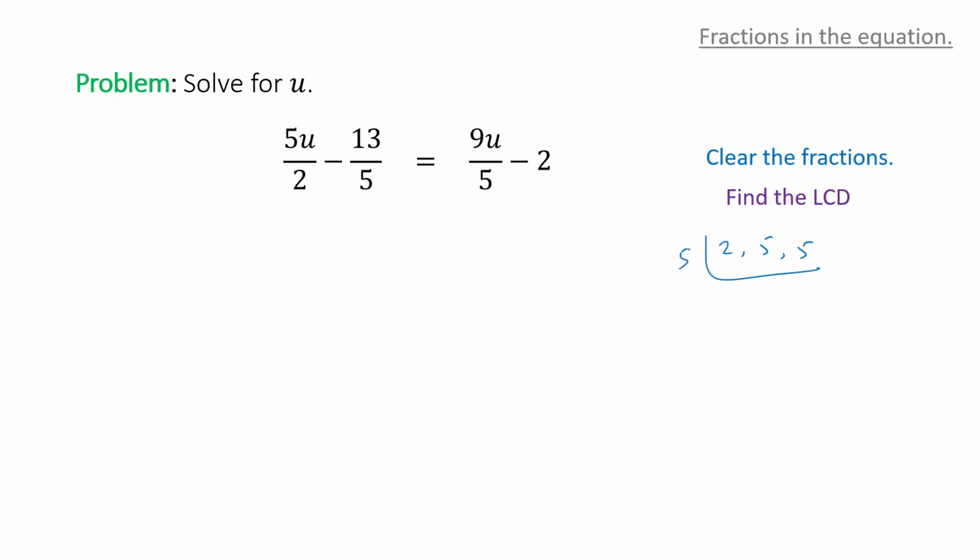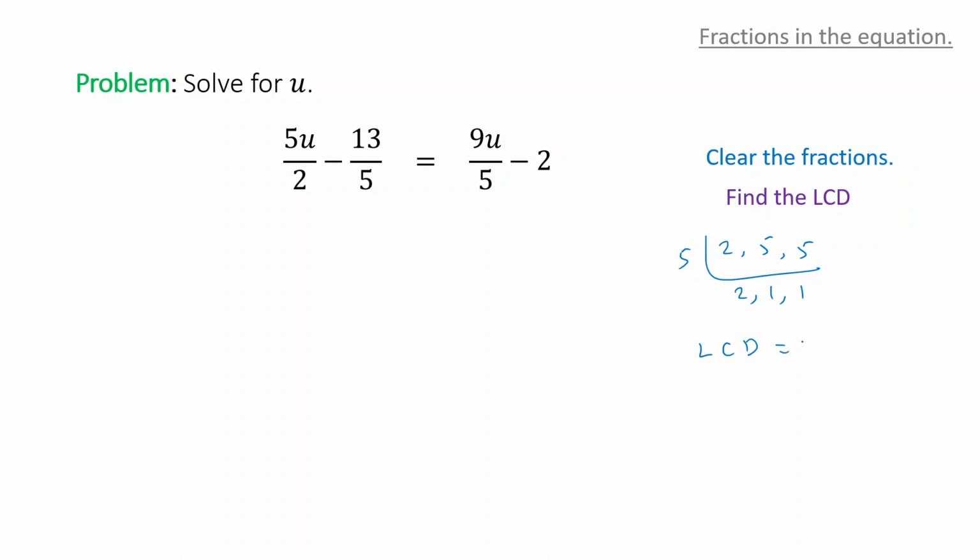So divide. 2 you cannot divide by 5, so write this. 5 divided by 5, 1. 5 divided by 5, 1. Now you cannot divide these numbers further. So multiply these numbers, you will get the LCD.